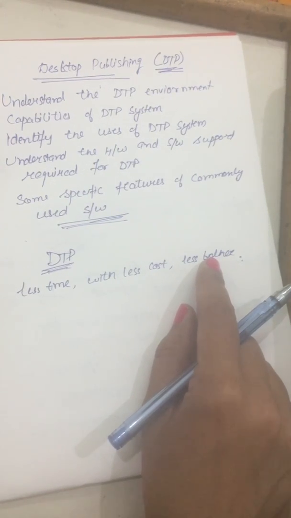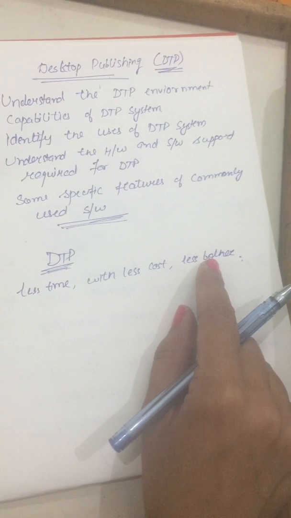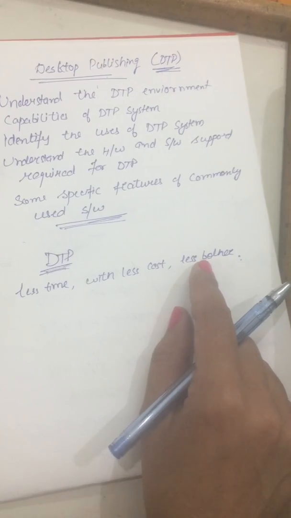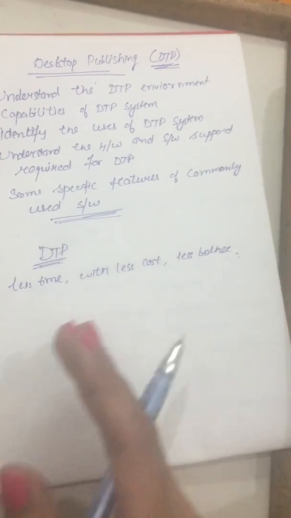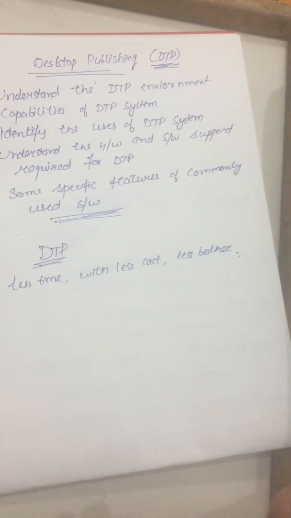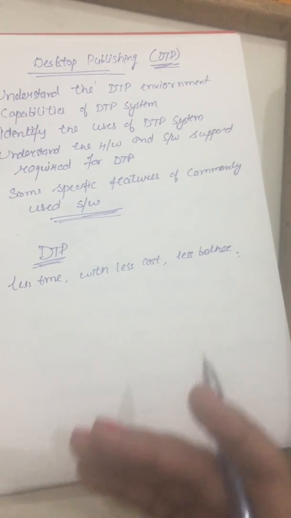Otherwise, in the traditional printing method, we do editing in one section, formatting in some other section, layout design in another section, then coloring, then printing, then correction. All parts are in different sections and use different software for traditional printing.